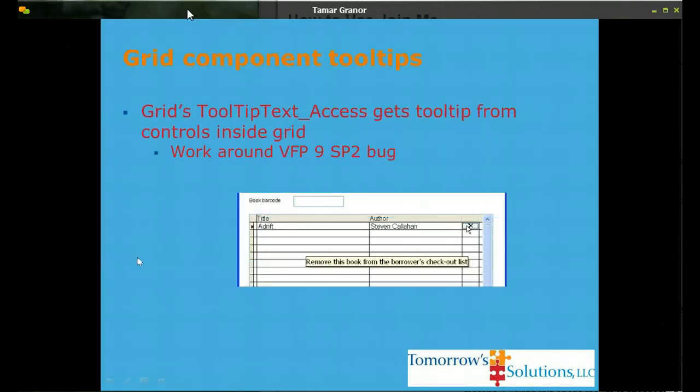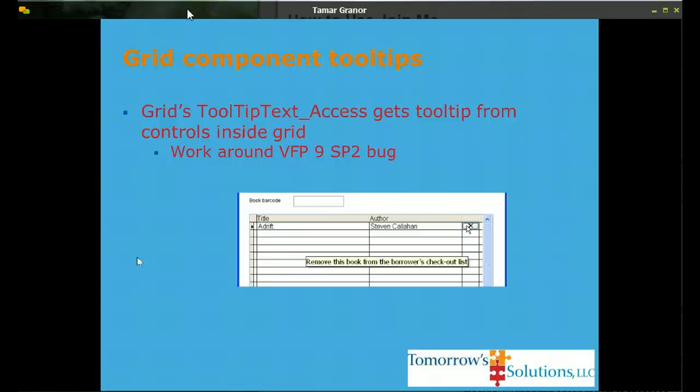There's a bug in, I think, every version except VFP9 SP1. And the bug is that when you're in a grid and hover the mouse, you get the tooltip from the grid rather than from the control that you're over in the grid. They fixed it in SP1 and broke it again in SP2.